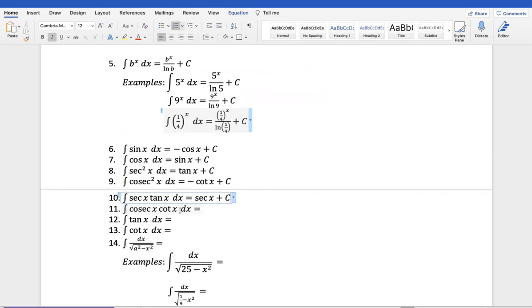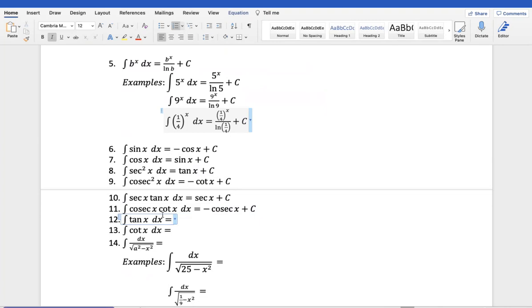And looking at the integral of cosec of x multiplied by cot of x, then we have similarly negative cosec of x plus our constant c.